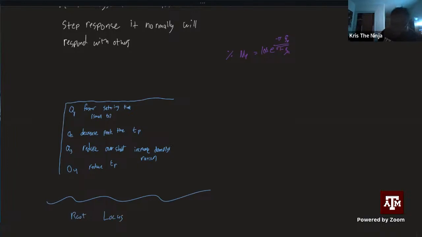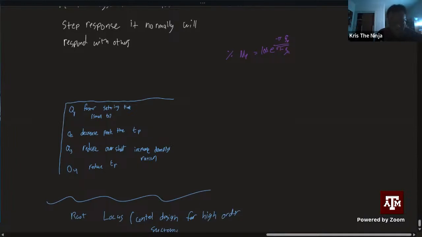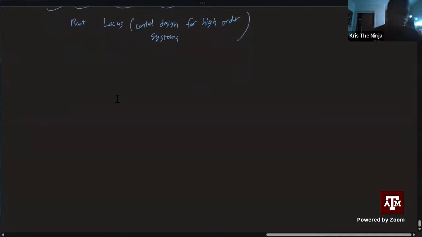So this is control design for high order systems. In general, we have a control system, a control block diagram.